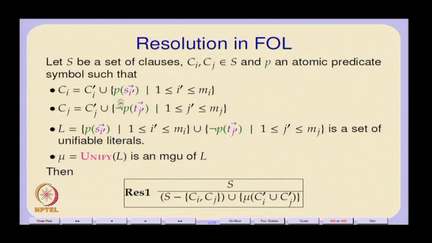So basically one has some terms of P and the other one has some negations of terms of P. But there is no reason to believe that this Si prime is related to this Tj prime.